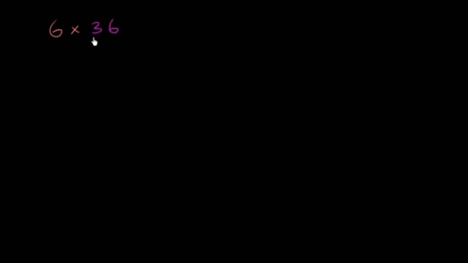Well, you could decompose 36 into two numbers where it's easier to find the product of that and 6. So for example, 36 is the same thing as 30 plus 6. So this is going to be equal to 6 times 30 plus 6. And what's this going to be? Well, we just saw 6 times these two things added together first.